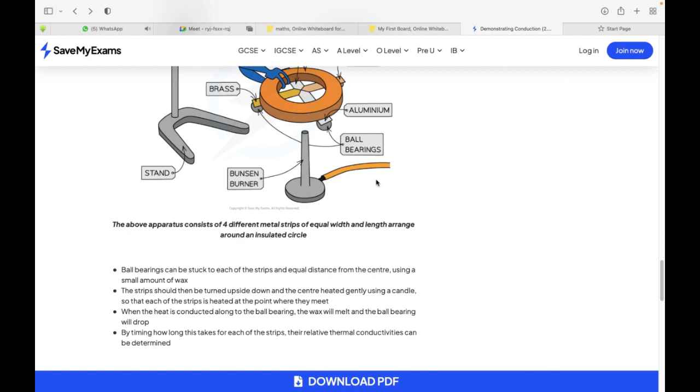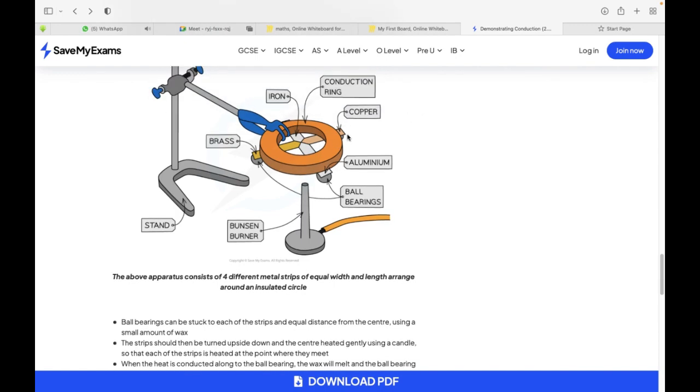You record the time it takes for the ball bearing on the aluminum to drop, the time for the copper, because the candle wax sticking it to the copper has melted, and the time for the iron, and also the time for the brass to drop.